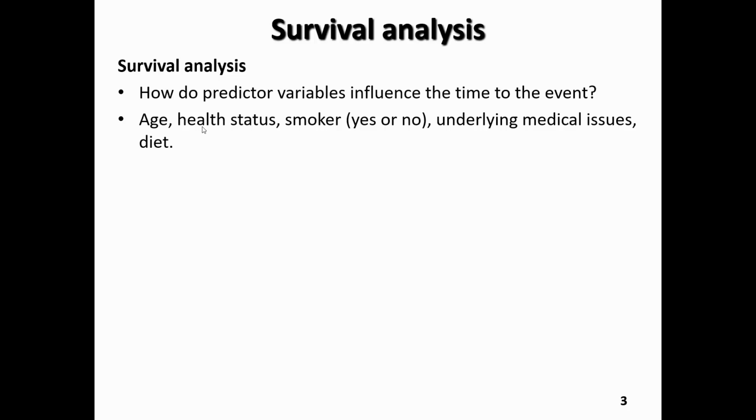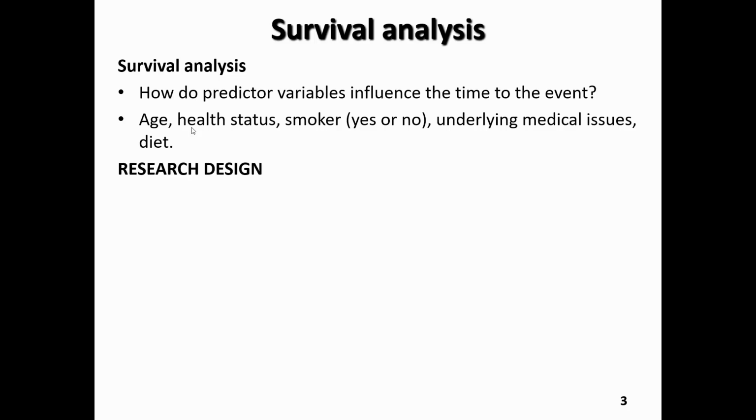Their initial health status at the time of a diagnosis. Is the person a smoker? So we can apply a dichotomous predictor here as well. Are there underlying medical issues? Does the person have a particular diet that would influence that time to the event?